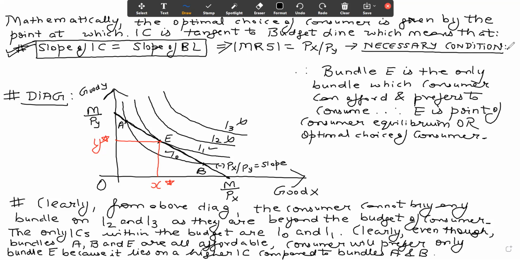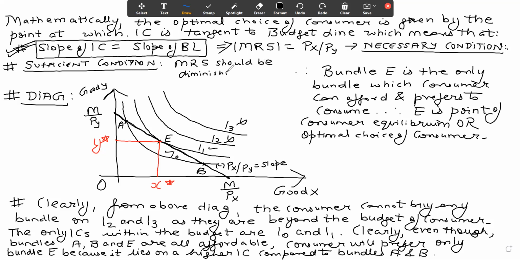So hoping that the students have understood this. And guys, then we have the sufficient condition. This was the necessary condition for optimal choice. My sufficient condition is that MRS should be diminishing as we move from left to right along the indifference curve.